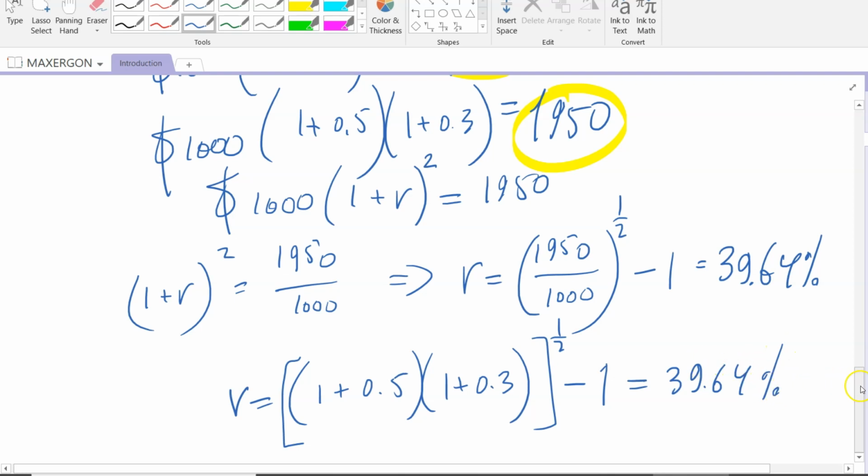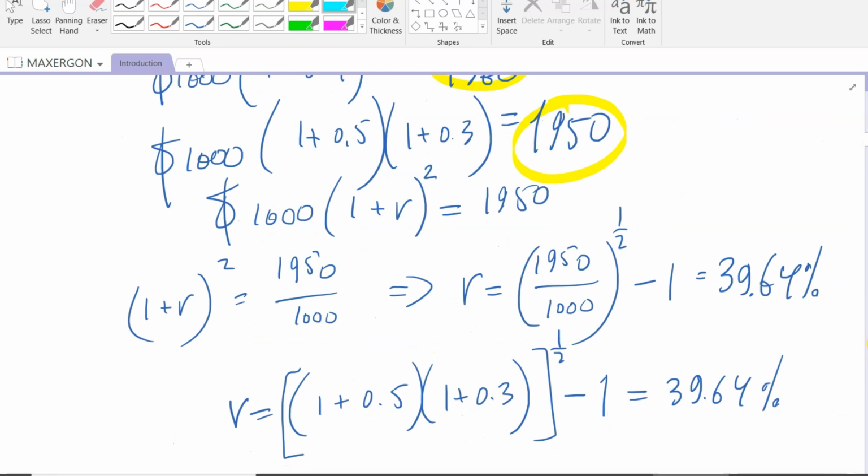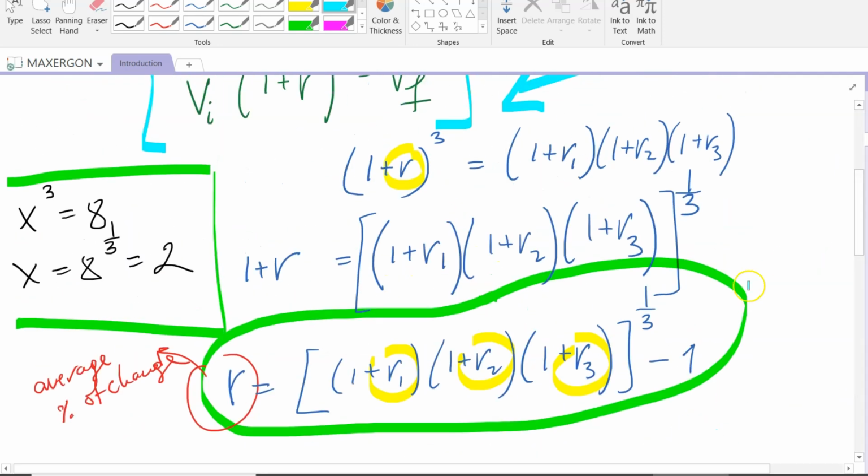This example demonstrates the difference between arithmetic average, this one, which is incorrect for finding average percent of increase, and the geometric average, which is found in this way, using the formula that we obtained here.